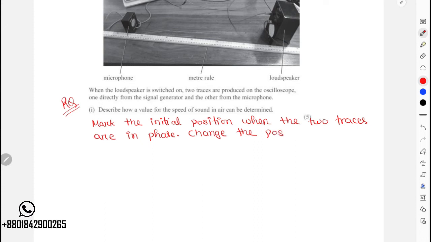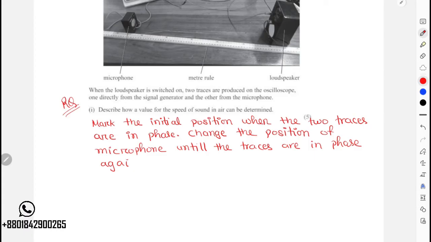Change the position of the microphone until the traces are in phase again.